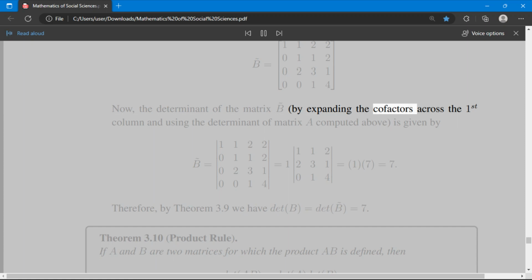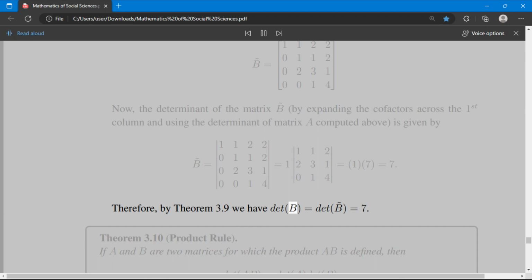Now, the determinant of the matrix B, by expanding the cofactors across the first column and using the determinant of matrix A computed above, is given by det B equals the determinant of 1 1 2 2, 0 1 1 2, 0 2 3 1, 0 0 1 4, which equals 1 times the determinant of 1 1 2, 2 3 1, 0 1 4, which equals 1 times 7 equals 7.